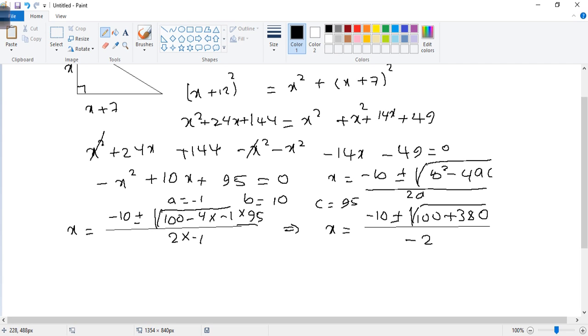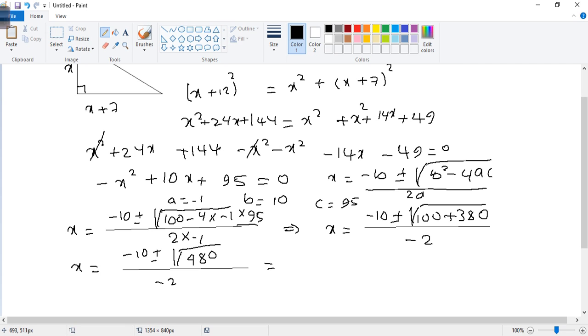So that's x equals minus 10 plus minus square root of 480 divided by minus 2.